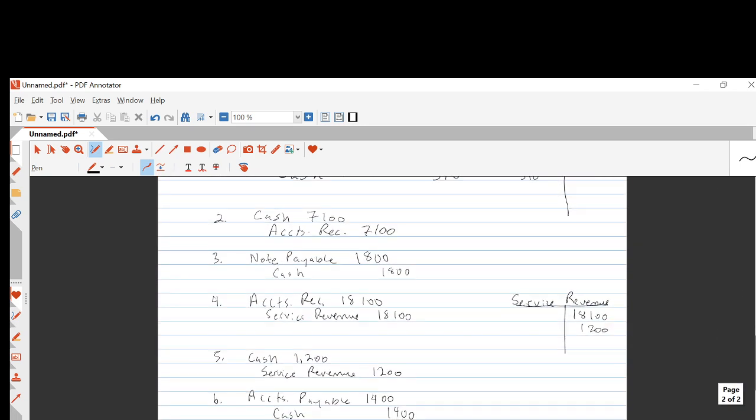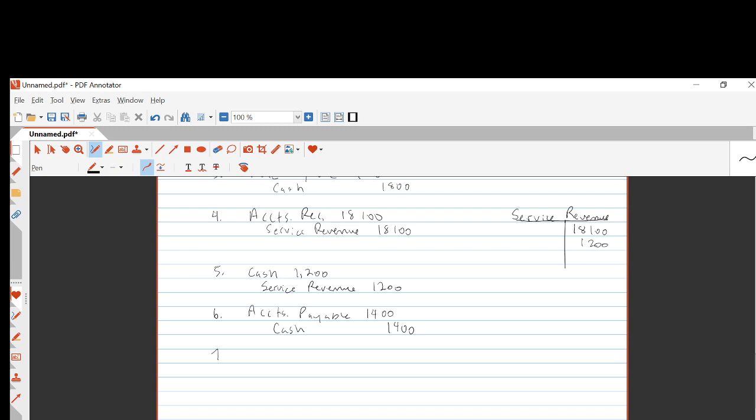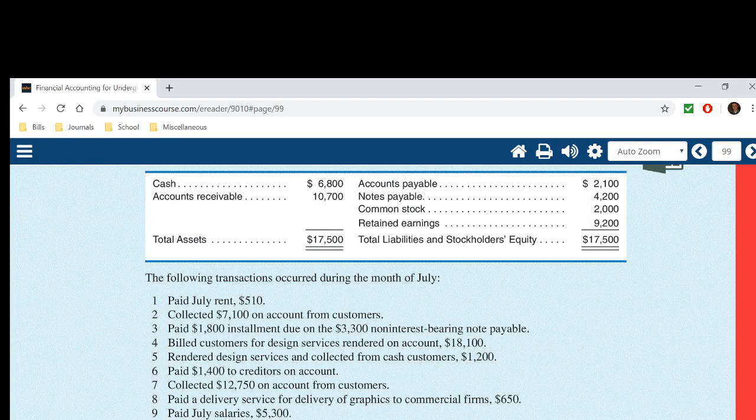enough. All right, number 7. Collected $12,750 on account from customers. So they're paying $12,750 of their account receivable off.